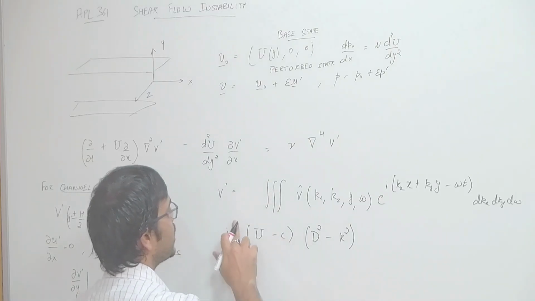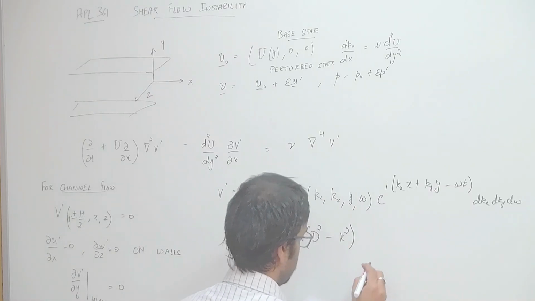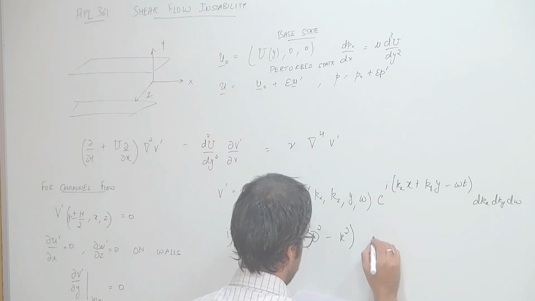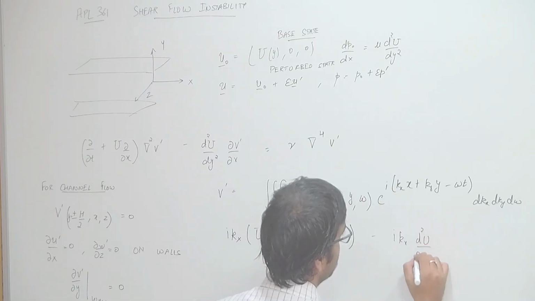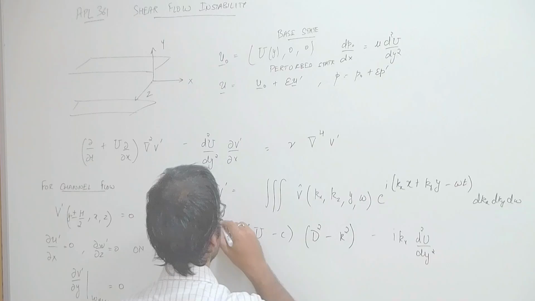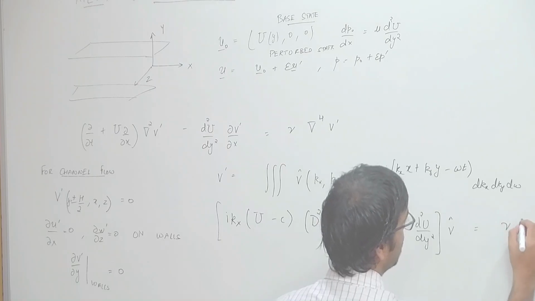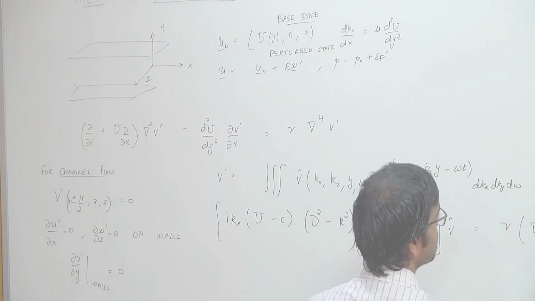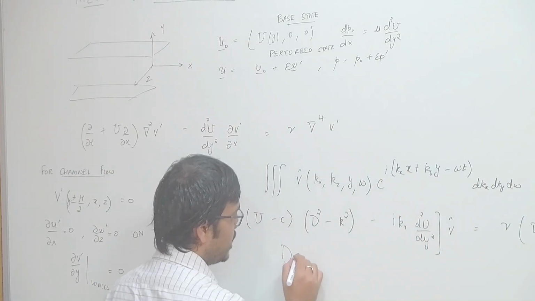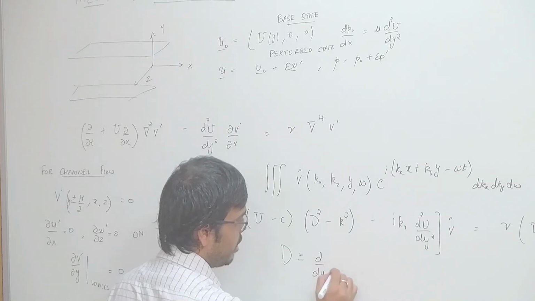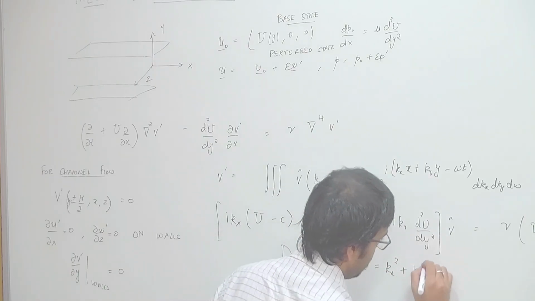i kx, there is no alpha beta in the notes. So, and then minus i kx d2u over dy square, this whole thing multiplied by v hat equals nu times d2 minus k square whole square v hat, where this capital D is d by dy and k square is kx square plus kz square.